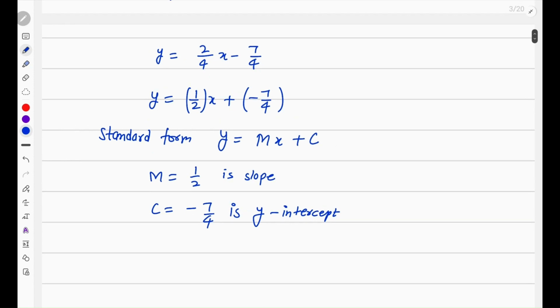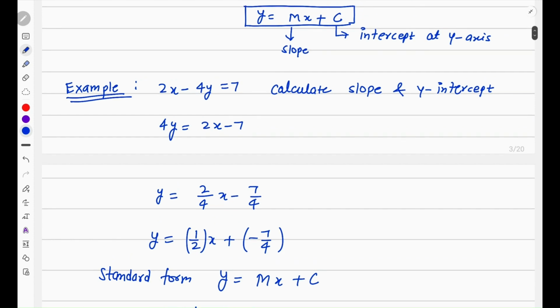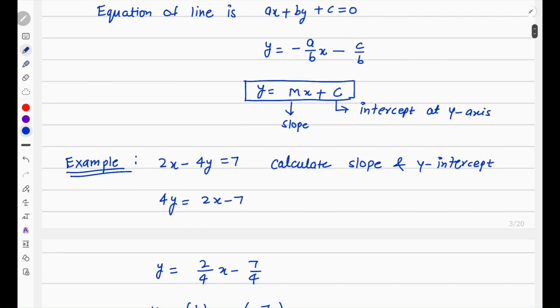So this is the standard form from where we can calculate the slope and the intercept.